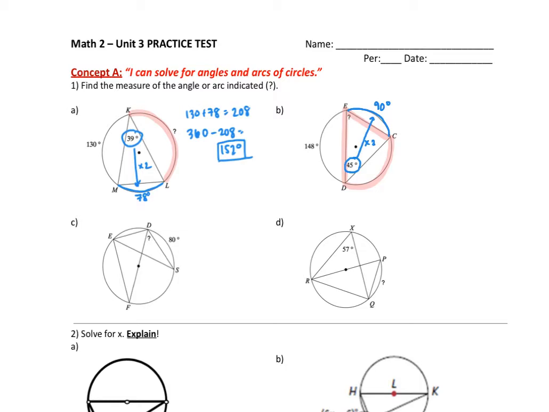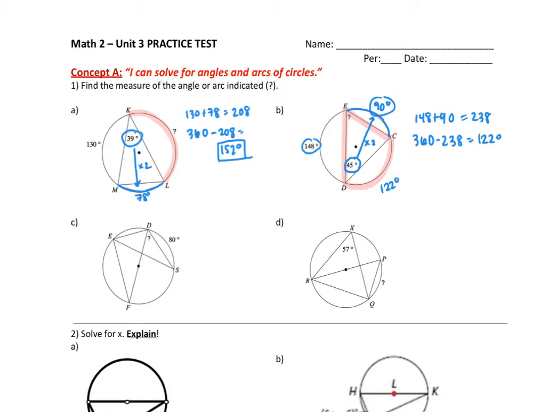Then, using the same information as before, I can add these two angles together. So 148 plus 90 is 238, and then I can subtract from 360, which is 122. So now I have the intercepted arc of the angle that I want.